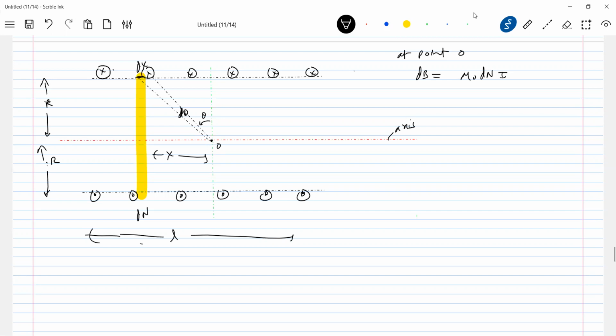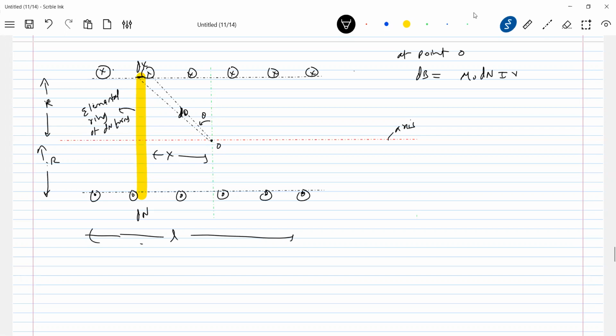Using Biot-Savart law, again you could assume two small equal and opposite elements and find out, but instead of all that, we already know it's like a ring, no? So you call this yellow strip an elemental ring of dn turns. So what is the formula for the ring?